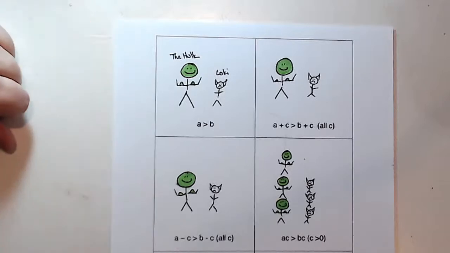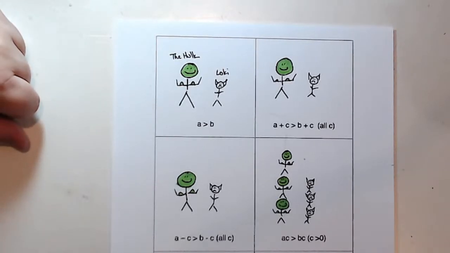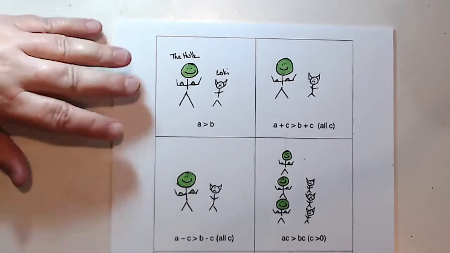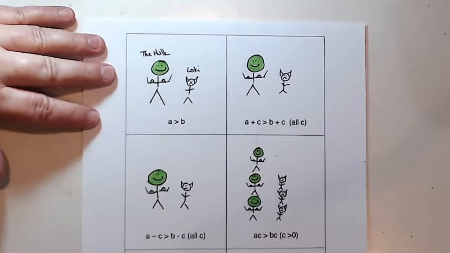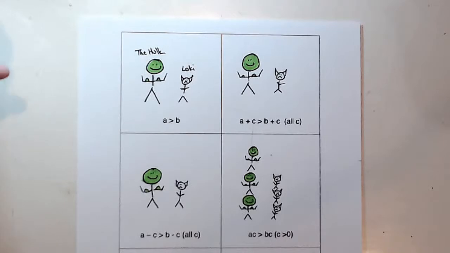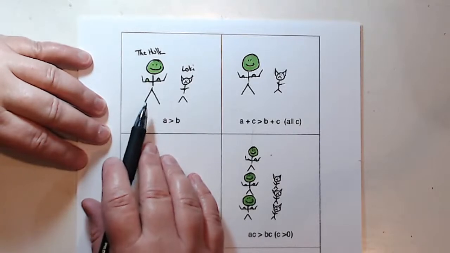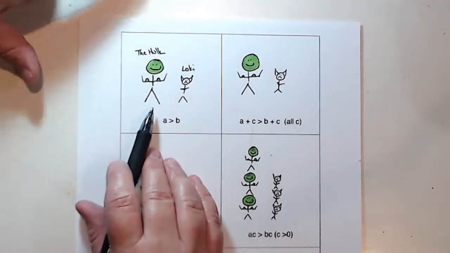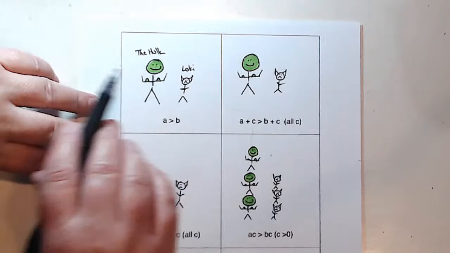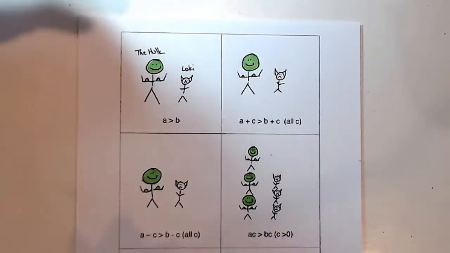So we're going to talk about the Hulk and Loki because that's what we always do when I'm doing inequalities. And anyone else who doesn't talk about the Hulk and Loki, I've got to be honest, is not doing real math. So I'm referencing, of course, the comic book The Hulk, who is actually quite large. I've only made him somewhat comically larger than Loki and not gigantic.